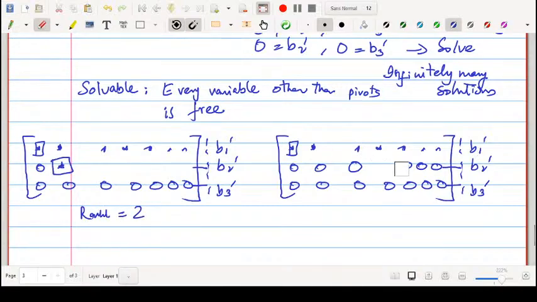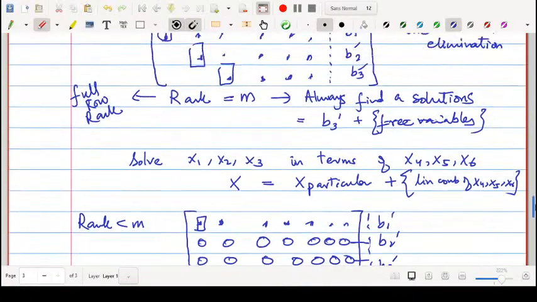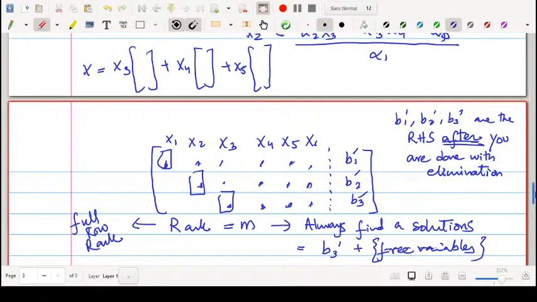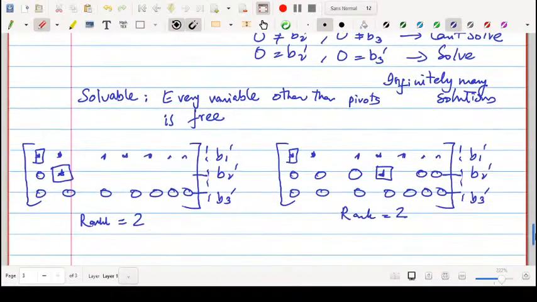Let's say I get a non-zero entry somewhere here and I get a pivot, then in this case also my rank is equal to 2. And if something in the third row is also non-zero, then you get a full row rank matrix, and then you're no longer in the rank less than m case, you're in the rank equals m case, right? So that's the idea.